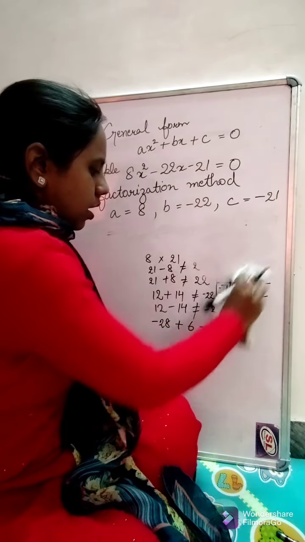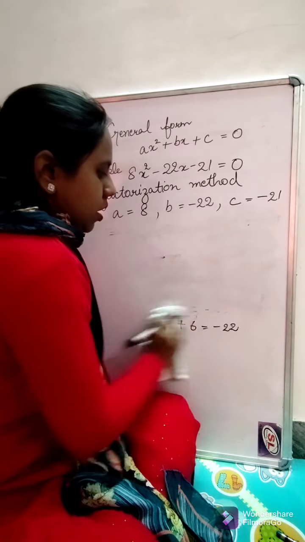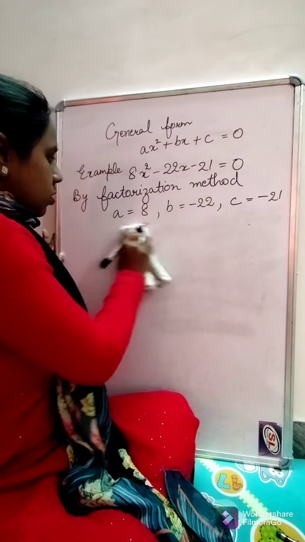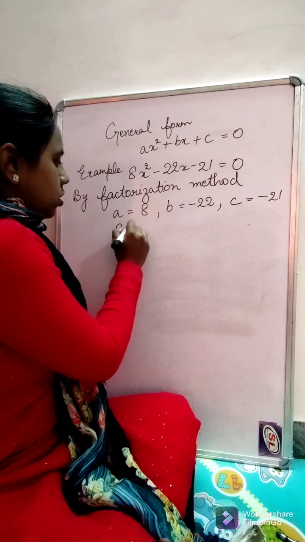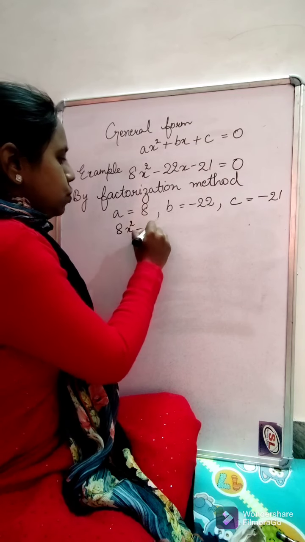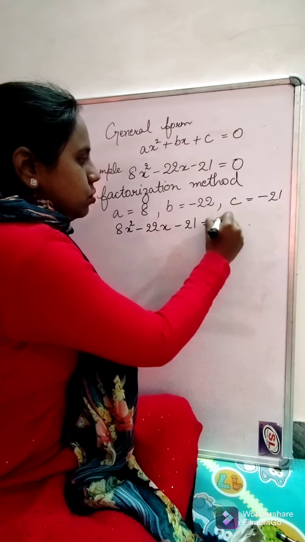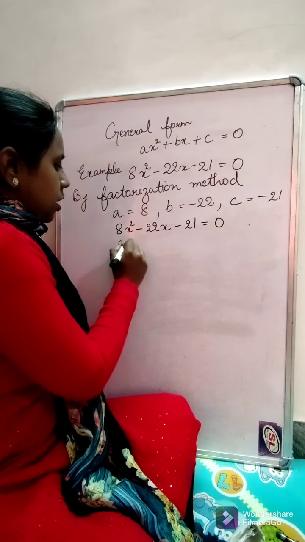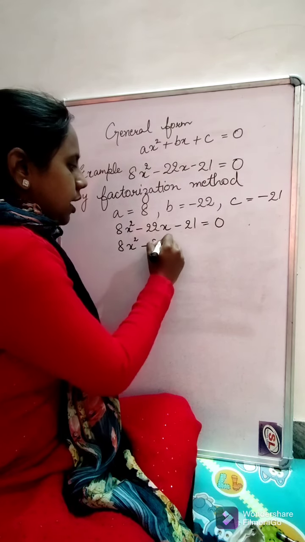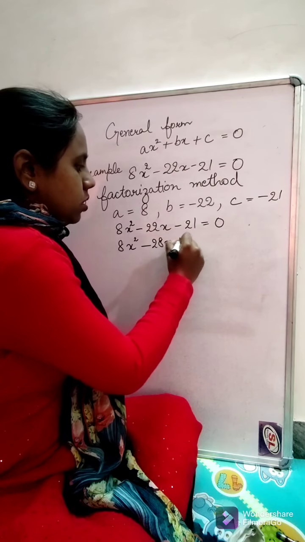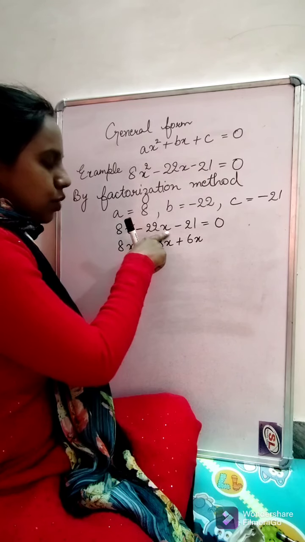Keep it in mind: minus 28 and plus 6. So come to this equation, 8x square minus 22x minus 21 is equal to 0, which will be 8x square minus 28x plus 6x minus 21 is equal to 0.